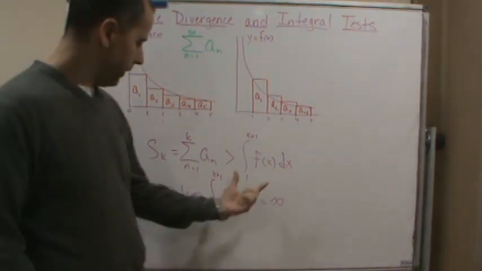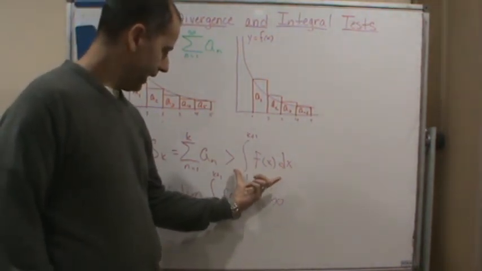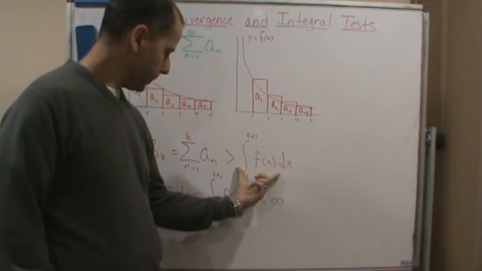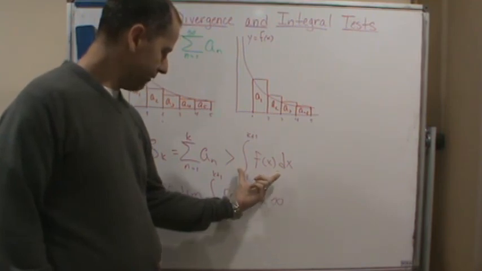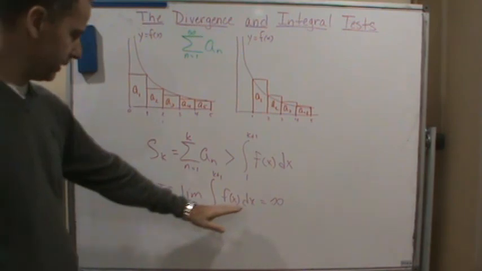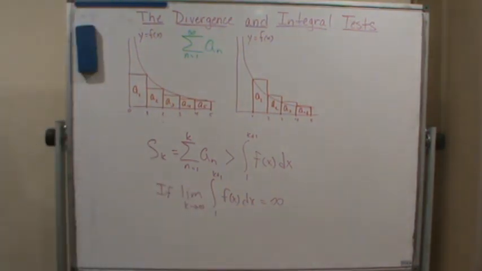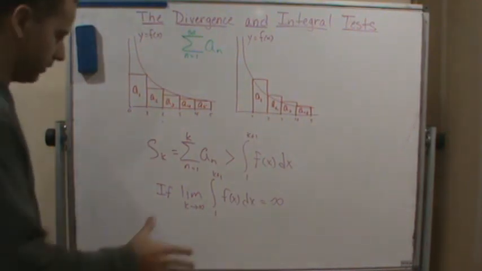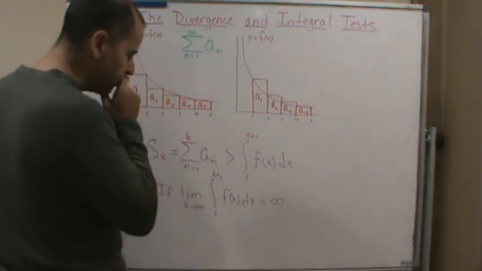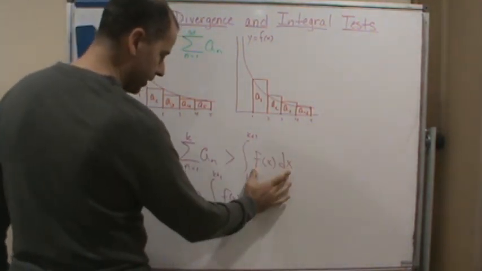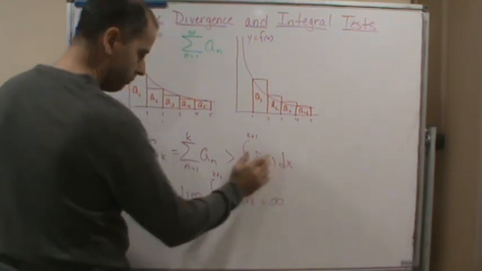Since this is positive, and if this is divergent, then we know the limit goes to positive infinity.